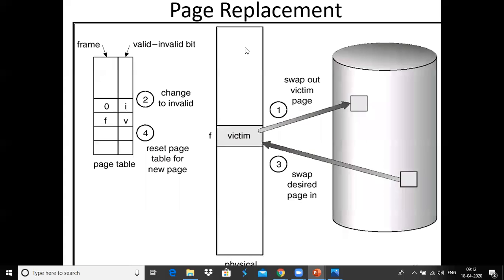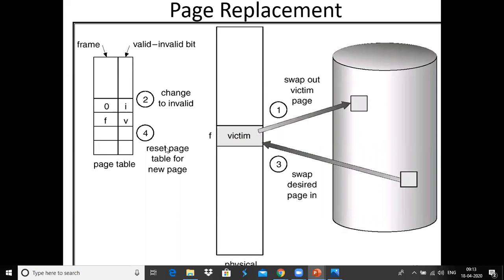You will select that frame based on some page replacement algorithm. Then apply the page replacement algorithm and swap out that page to the logical address space and swap in the desired page into the physical memory. And accordingly, you update the page table and give a signal to the CPU to continue the execution. That is the whole scenario.